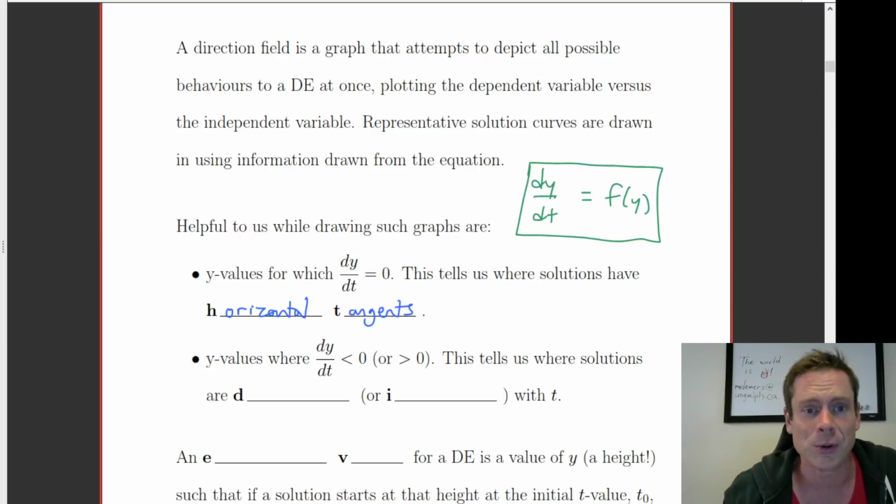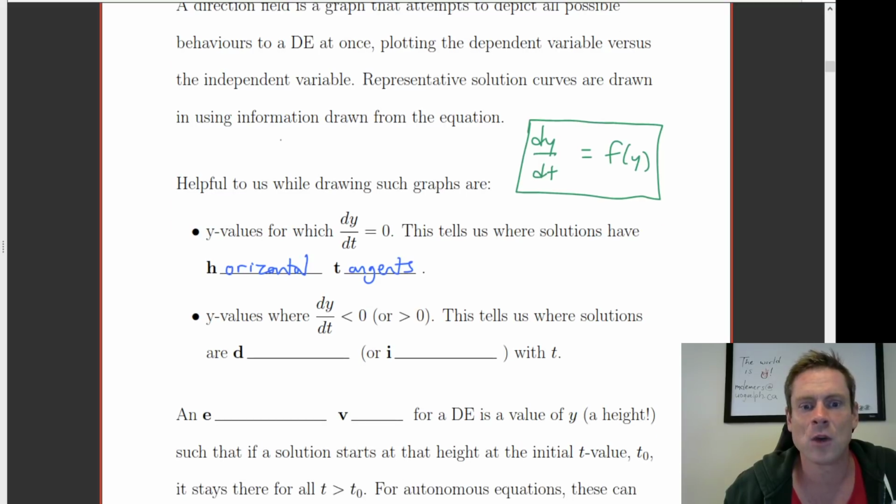From a similar note, we can look for y values for which dy by dt is less than 0 or greater than 0, which tells us where solutions are decreasing or increasing with t.